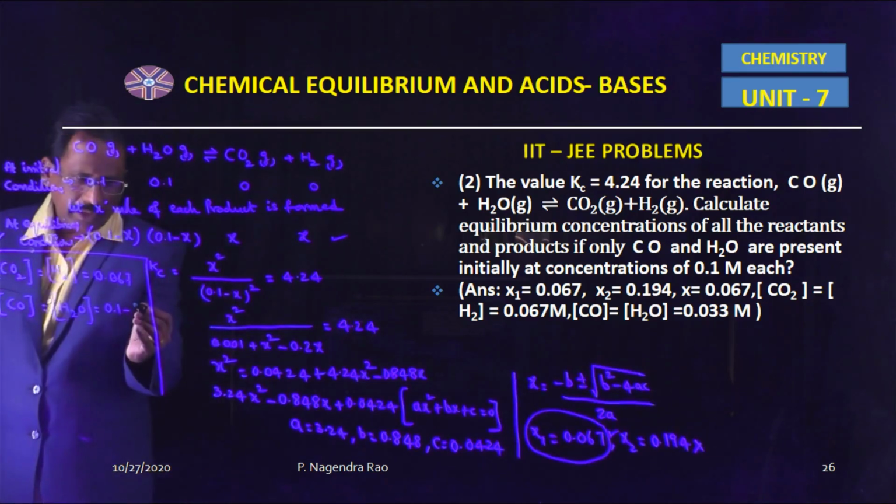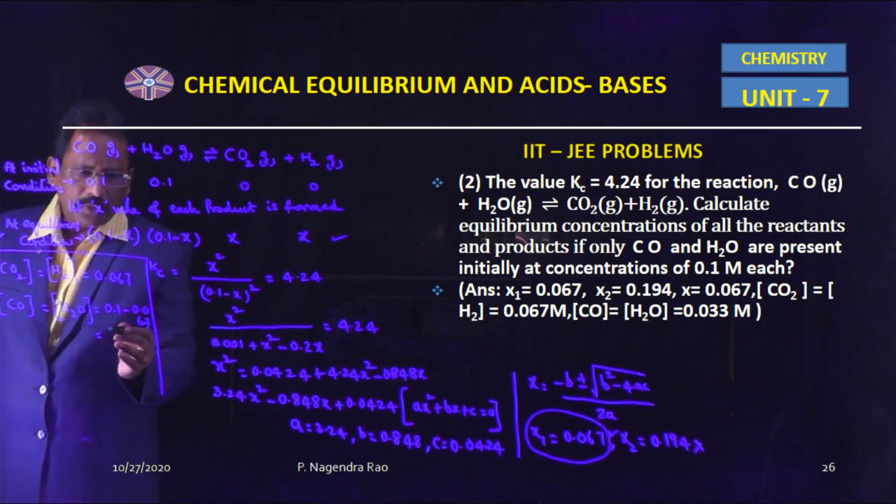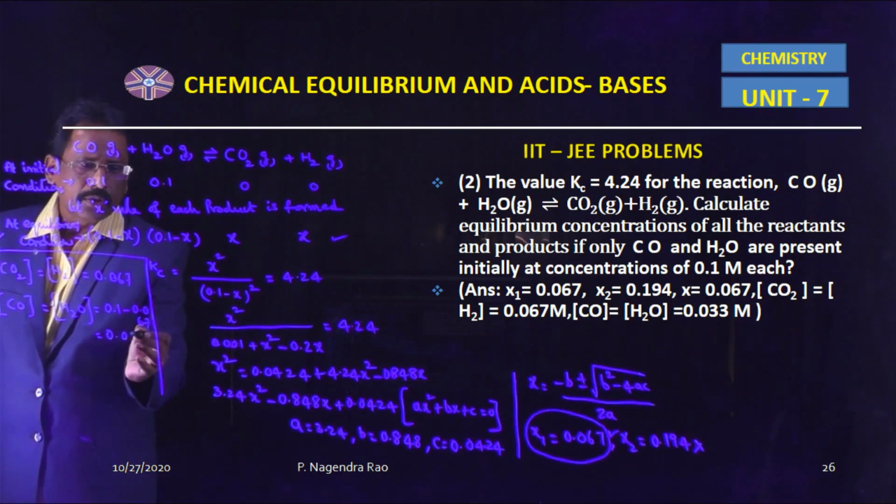Here the value of x is 0.067, so that is equal to 0.033.